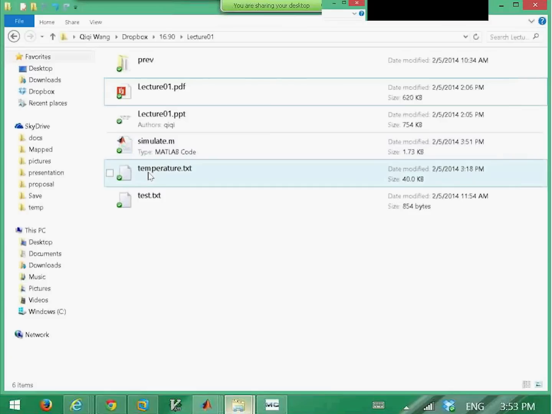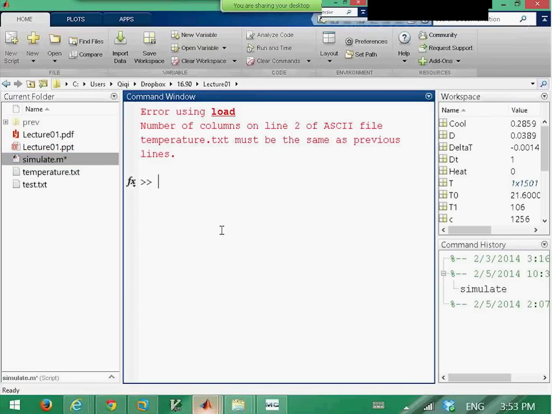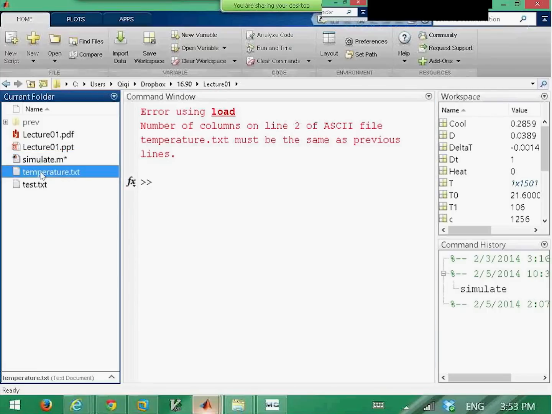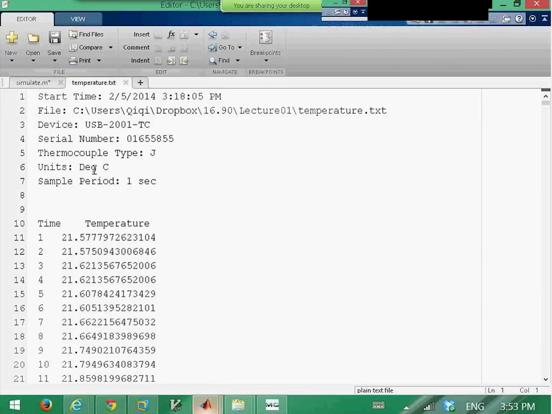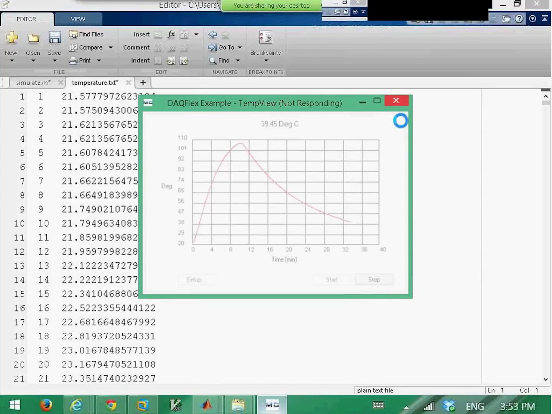Thought I added temperature.txt. Oh, okay. I need to get rid of these. Let me first stop.